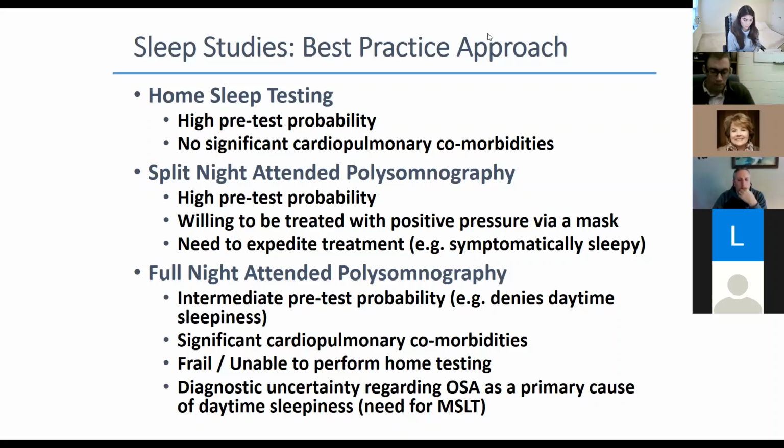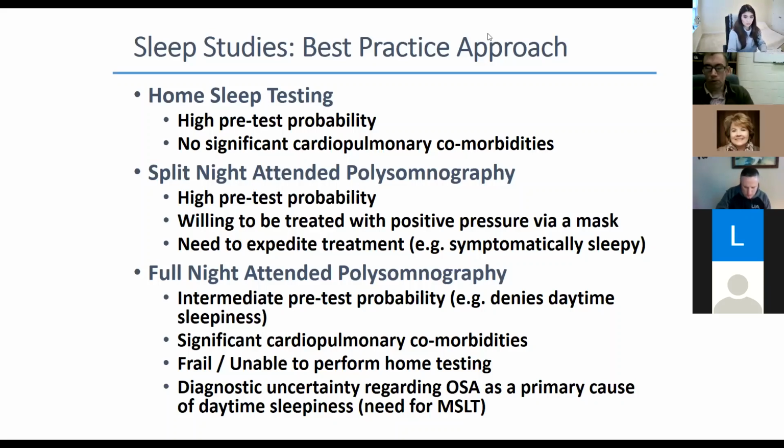These tests are really reserved for patients who need to be diagnosed and identified quickly. I do think patients do better if they have a full night titration study, because it gives the tech time to work with them on different masks and titrate pressures. But truck drivers, for example, can't go back to work until they're treated for obstructive sleep apnea.